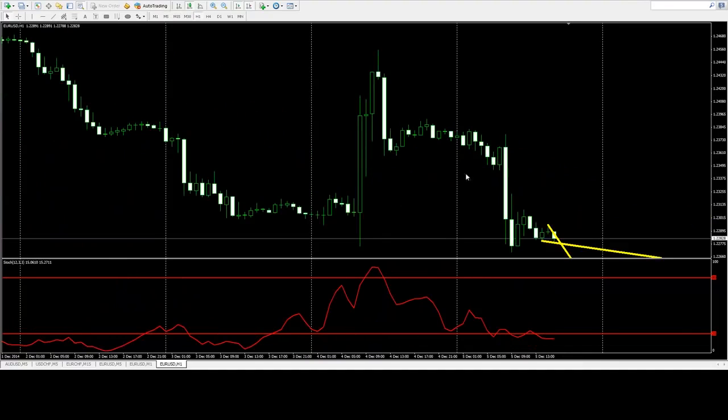So if I take a look maybe at the 1-hour chart, then I would draw this and this point, and this point here, and this point here.